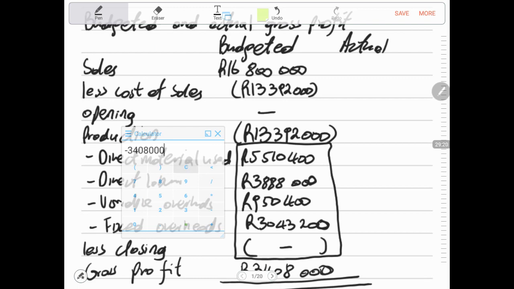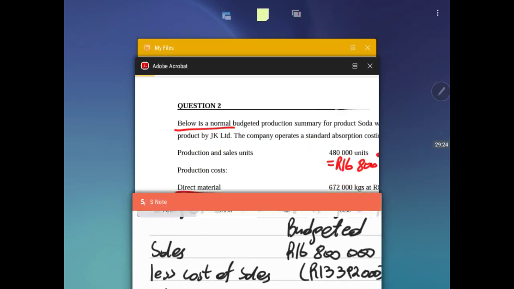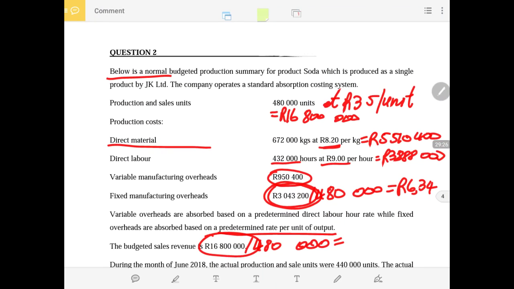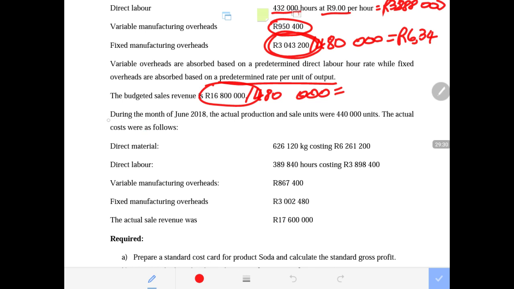Then I go and do my actual income statement based on the actual figures. The actual information provided that during the month of June, the actual production and sales were 440,000, meaning we actually manufactured 440,000 and we actually sold all that was manufactured.